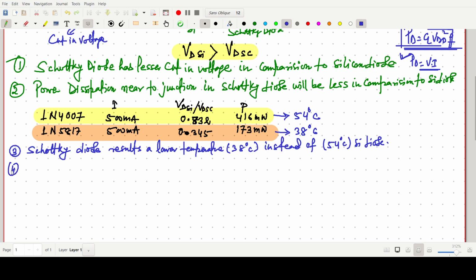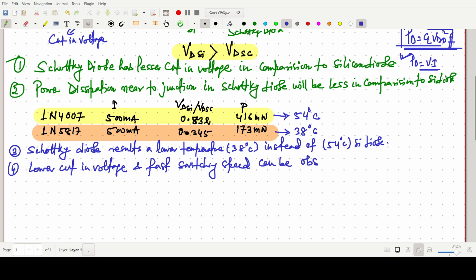So the Schottky diode, we can also write, has a lower cut-in voltage and fast switching speed that can be observed in the Schottky diode.